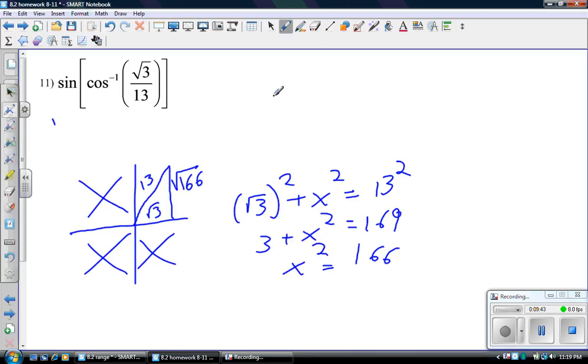So the sine is square root 166 over 13. And everybody's positive here, all. So the sine, which is what I'm doing in the end, is positive. And there we go. Sine is square root 166 over 13. Not a very elegant answer, but it is still the answer and it works just fine. Okay, hopefully this helps a little bit more on that homework.